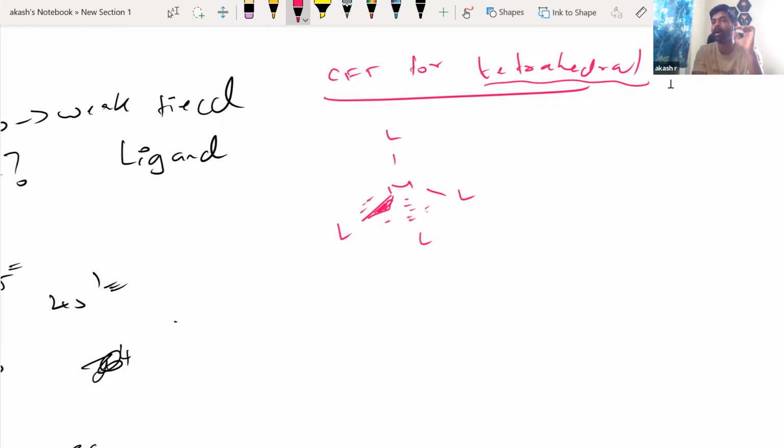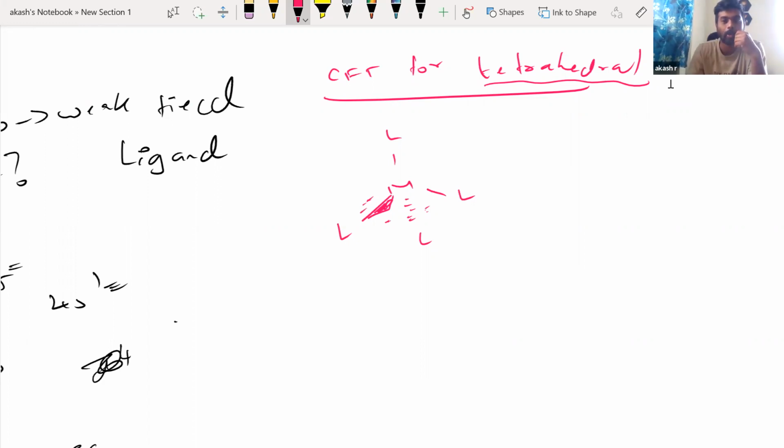Do you remember what was the direction of ligand approach in case of an octahedral complex? Anybody remembers? We're basically talking in terms of coordinate axis.